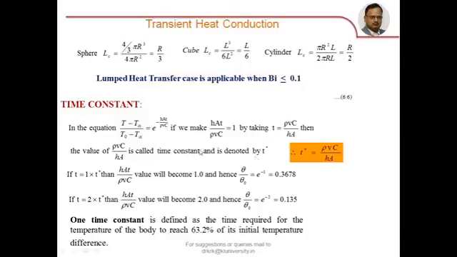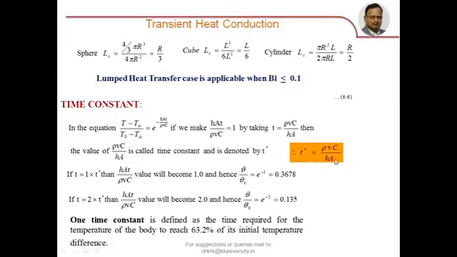So a time constant is t star, the magnitude of which is equal to rho V C by hA. If you want one time constant, 1 rho V C by hA seconds, you have to substitute. If you are looking at 2 time constants, you have to keep the t value here as 2 times rho V C by hA. A time constant t star magnitude is rho V C by hA and may be 3 seconds or 4 seconds or 10 seconds or 1 hour. Nothing wrong in it. t star is not 1.